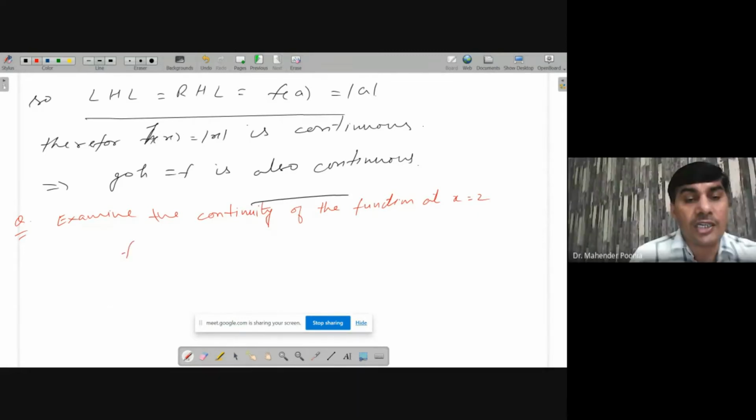The given function is f(x) is equal to x square minus 4 divided by x minus 2 when x does not equal 2, and 0 when x is equal to 2.